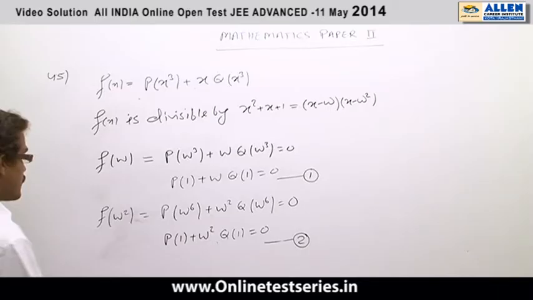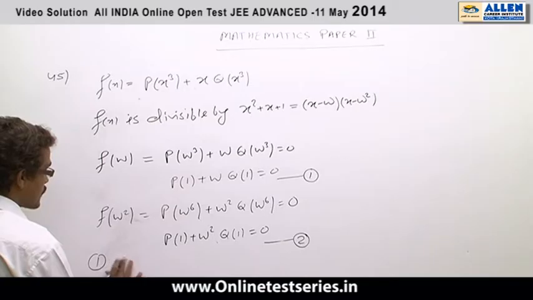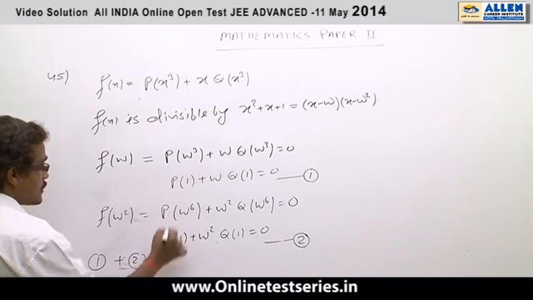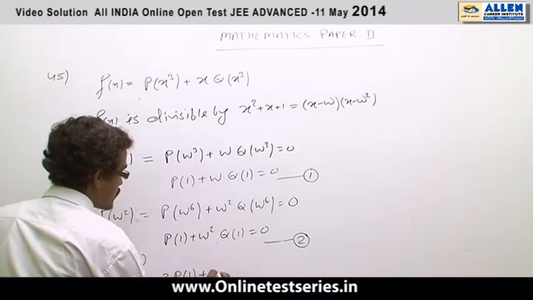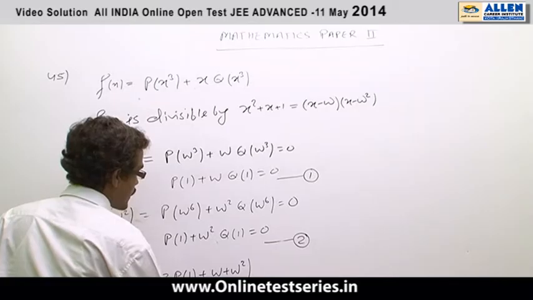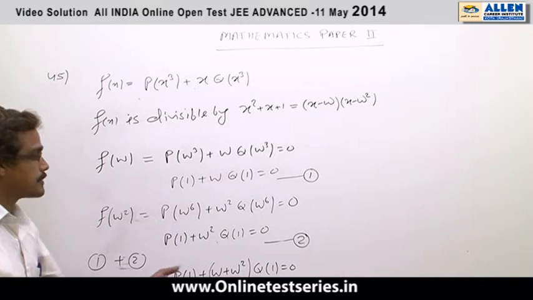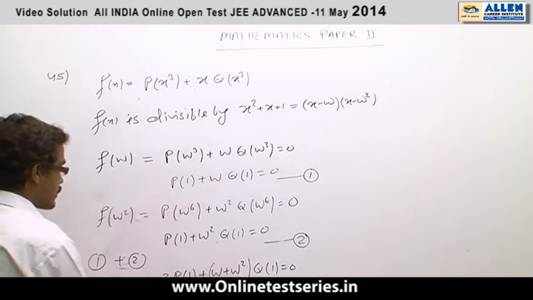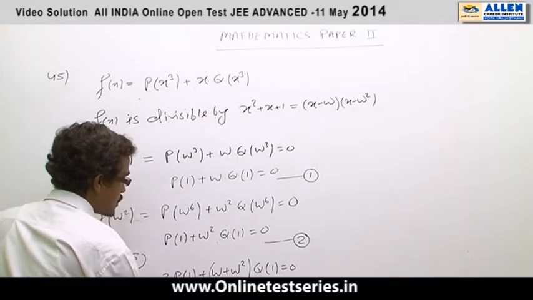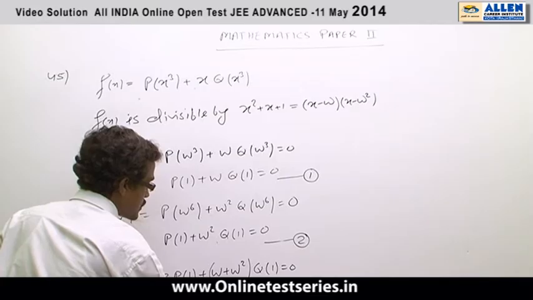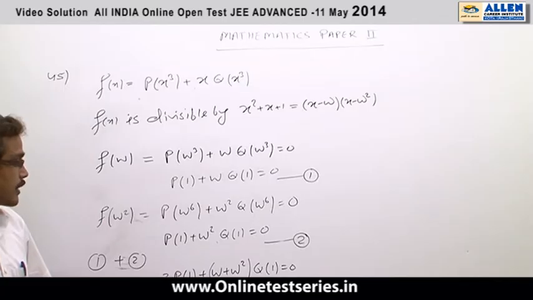Now by adding equations 1 and 2, there is a relation: twice p of 1 plus omega plus omega square times q of 1 equals 0, and we know that omega plus omega square equals minus 1. From that result, the equation becomes twice p(1) minus q(1) equals 0. Let this be equation 3. So from here q(1) is equal to twice p(1).